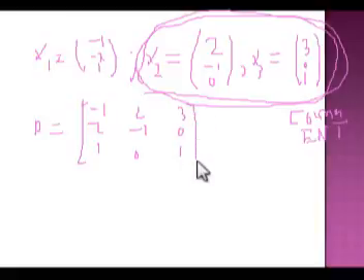If you have found the model matrix, then P inverse you can also easily calculate if you know the way. I am just writing it; I have already done it in my exercise book.